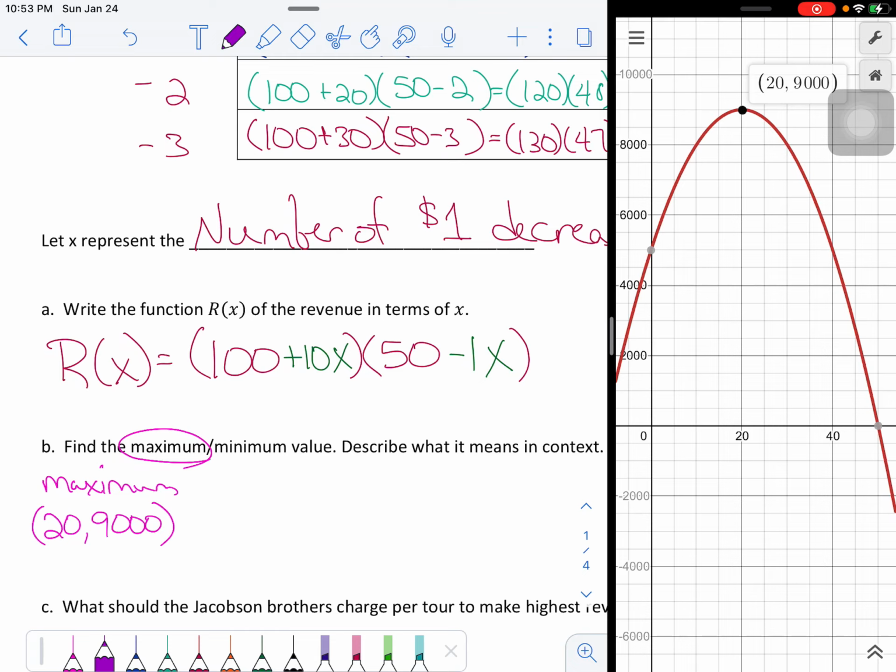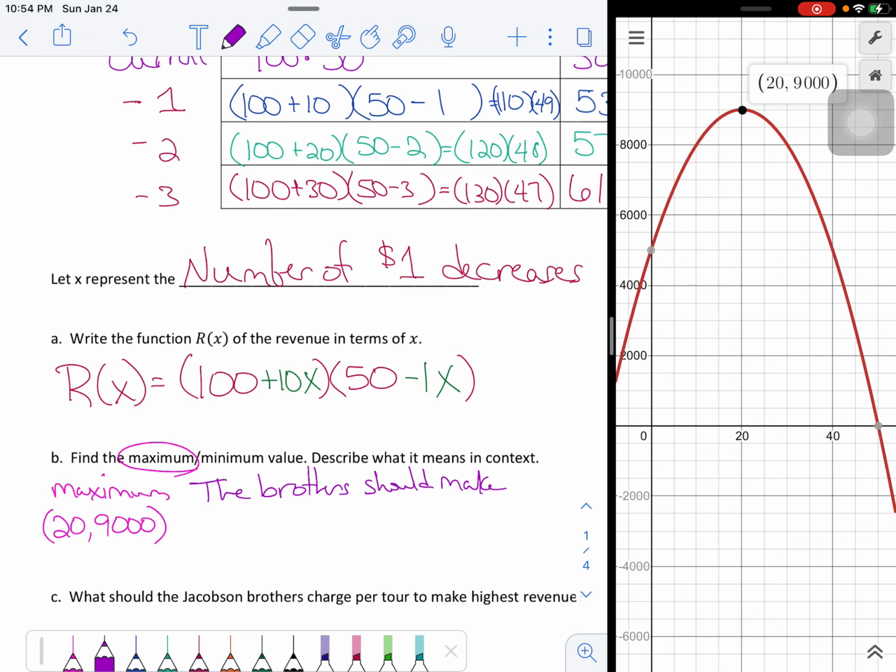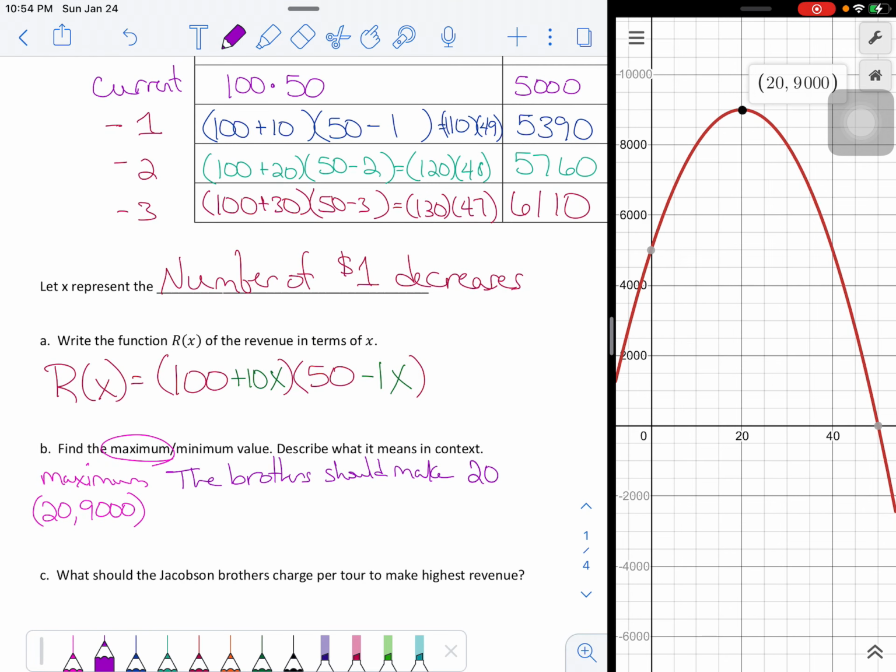Well, X means the number of changes. So the brothers should make 20 $1 decreases to the cost of the tour. Let's actually write the right thing. Cost of the tour.